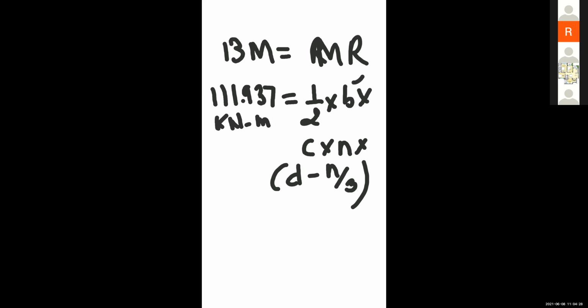And B is in mm, N is in mm here, D is in mm here, and again N is in mm here. That's why we convert bending moment into Newton mm. For this, we have to multiply bending moment by 10 to the power 6. Then put all the values.